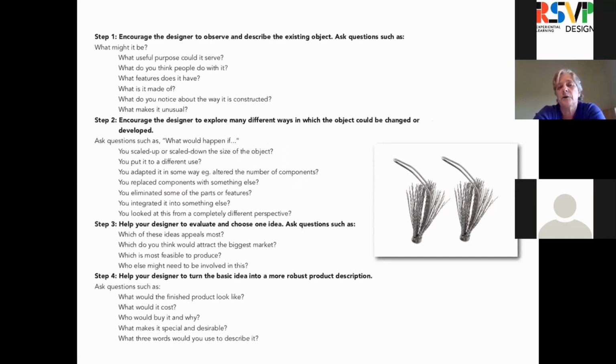Encouraging the designer to observe and describe the existing object, encouraging the designer to explore many different ways in which the object could be changed, helping the designer to evaluate and choose one of the ideas, and then helping the designer to turn the basic idea into a more robust product description.